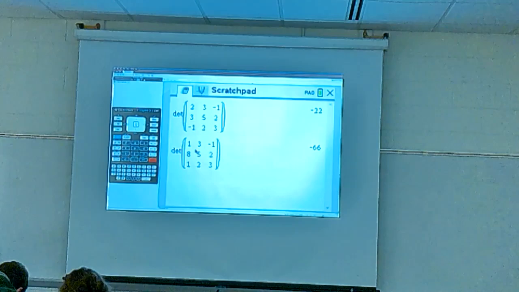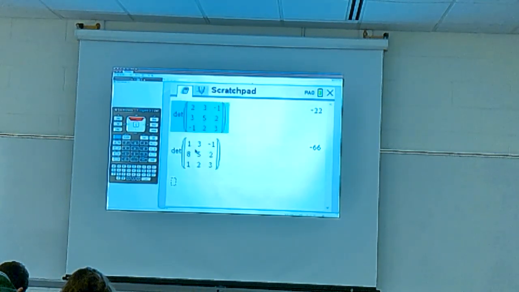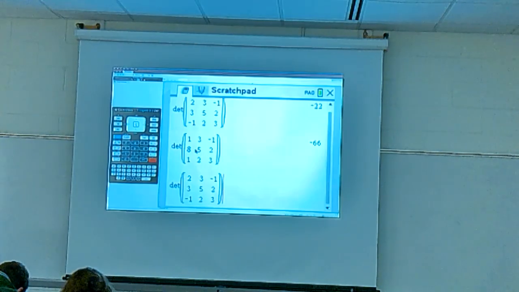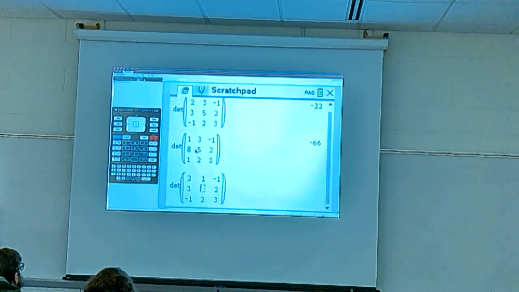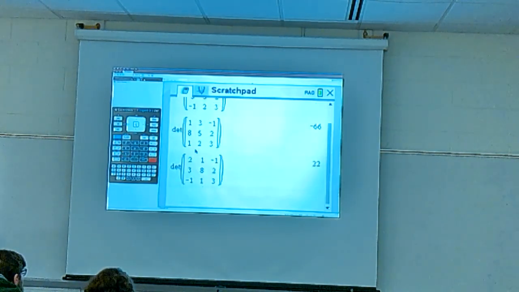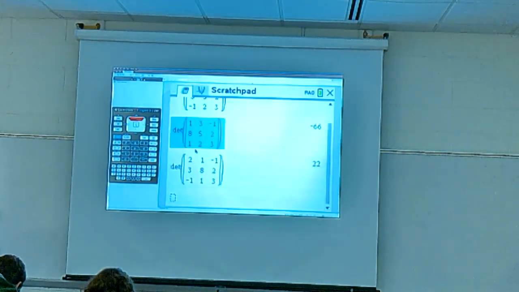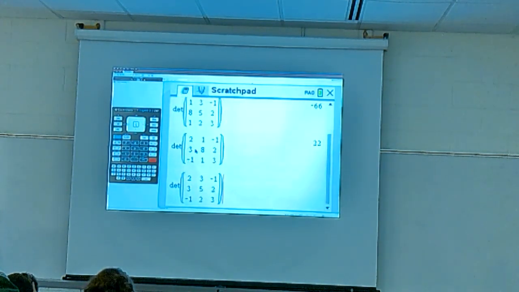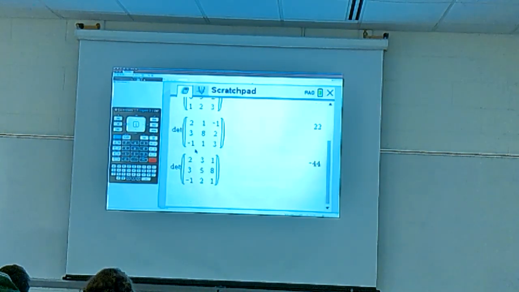While I'm here, let's just do the other two as well. Again, I'm just going to scroll, copy and paste that first one. Second column gets replaced with 1 equal 1 now. That determinant is 22. And then A3, replace the third column with 1 equal 1. Negative 44.